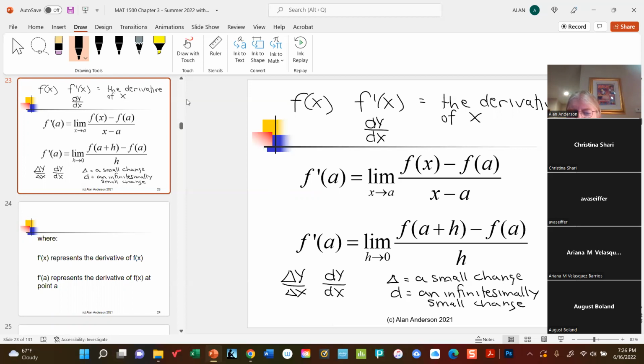It converges to this d, which is known as a differential. It's essentially the limiting case of delta y over delta x as delta x approaches zero. So when we're talking about derivatives, this is the one we normally use.